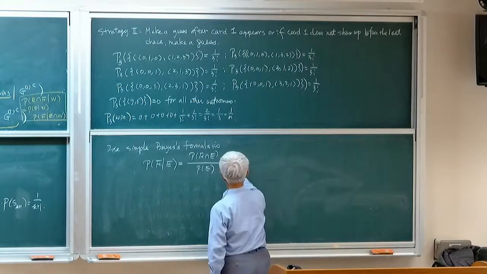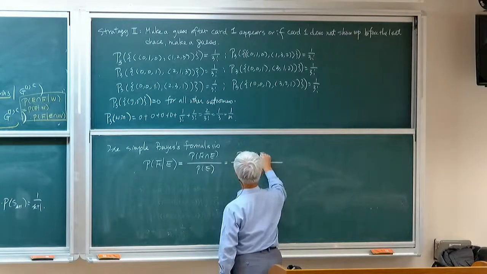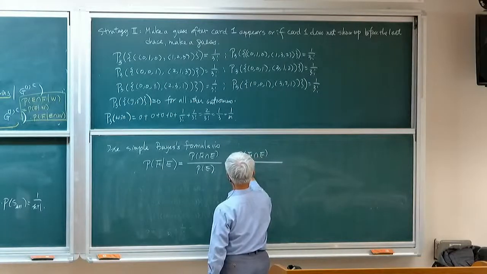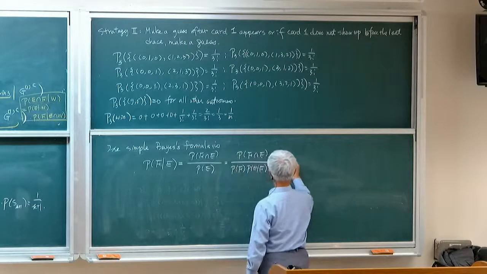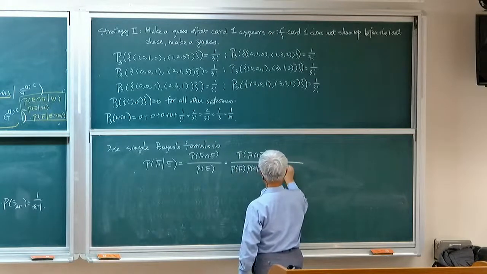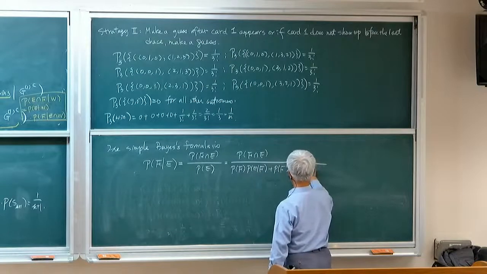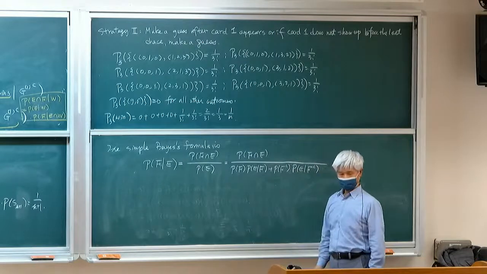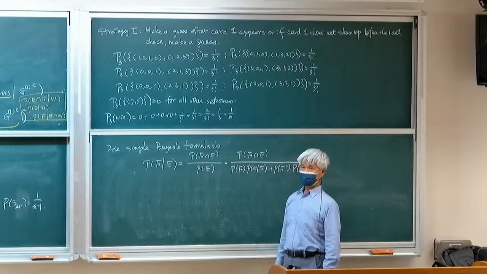And now, by the decomposition formula, the denominator is P(F) P(E given F) plus P(F complement) P(E given F complement). And this is called the Bayes formula.